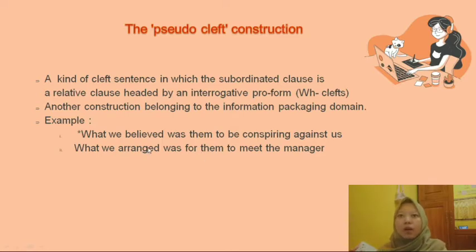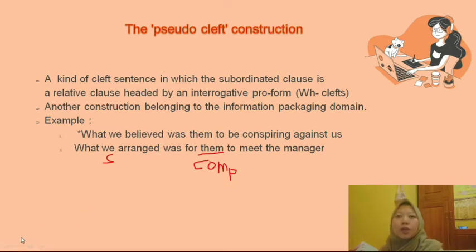We know the example can be divided into two parts, as reflected in the cleft component of the name. One part, for them to meet the manager, is made the complement of the verb be, while the other, what we arranged, is contained within the subject, which begins with the relative pronoun what.